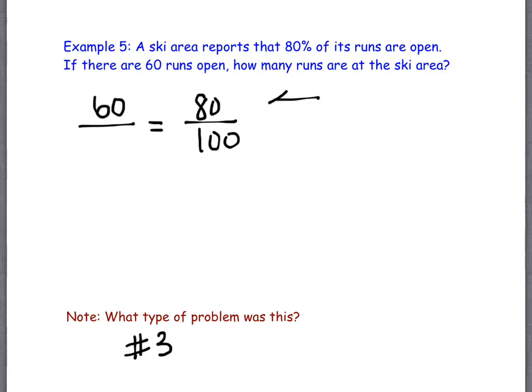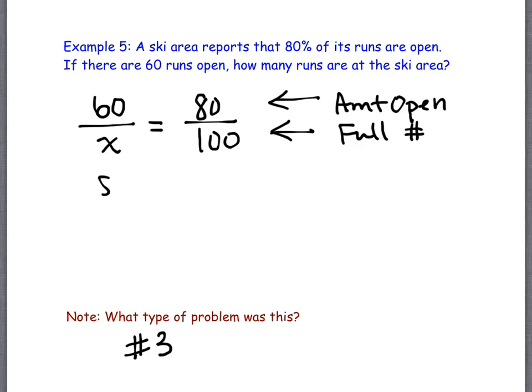Because this is the amount that are open. On one side, it's the actual number, on the left, and on the right-hand side, it's the percent. And this is the full number that exist, the full amount of runs that exist. And we have to divide that by what we don't know. For now, it's x. So I have 80x equals 6,000.